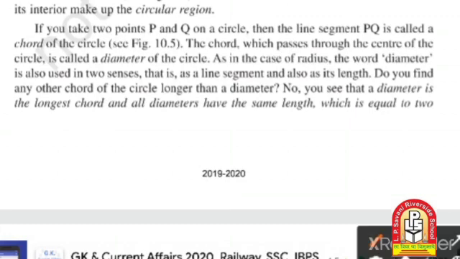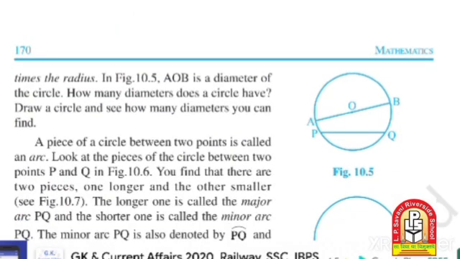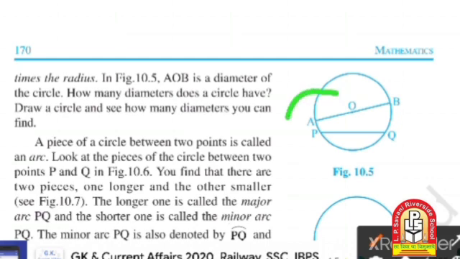Then, diameter is the longest chord and all the diameters have the same length. If they ask a question about the chord, then you must have brief knowledge about it. The diameter is the longest chord and all diameters have the same length, which is equal to 2 times the radius. So this is 2 times the radius.